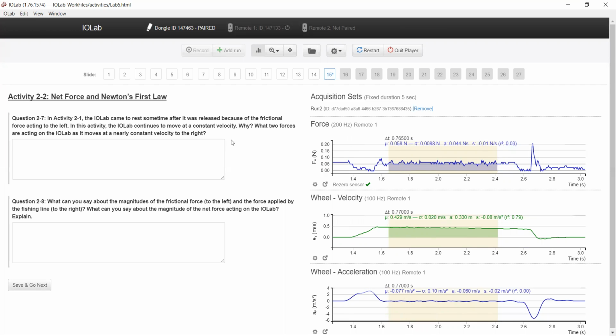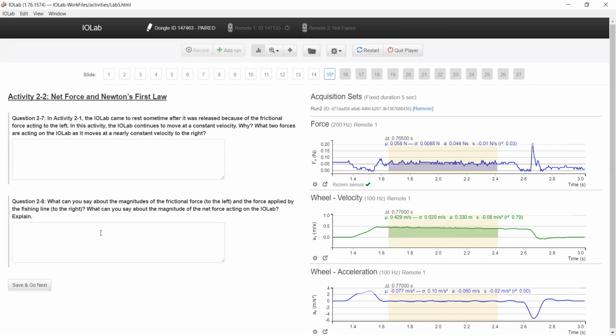What two forces are acting on the IOLab as it moves at nearly constant velocity? One is the frictional force, and the other is the force given by the hanging coin. What can you say about the magnitude of the frictional force to the left and the force applied by the hanging line to the right? As I've already said, to have a constant velocity, zero acceleration, the combined force has to be zero.